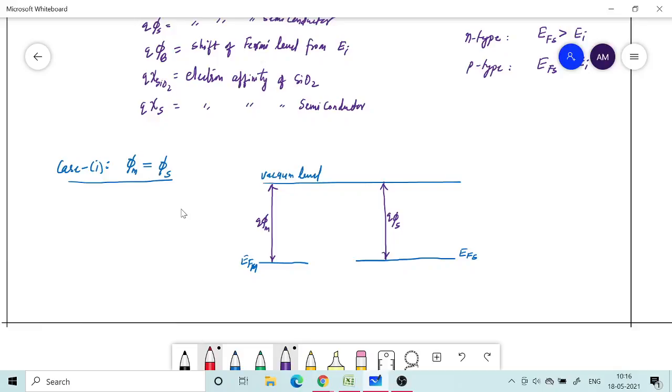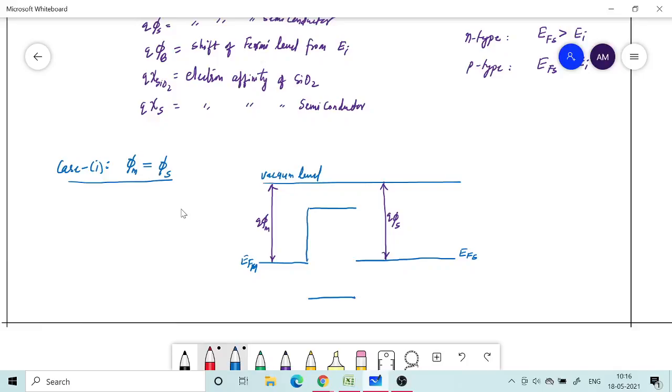So they are the same. That's the condition or the case that we are considering. So definitely without any confusion you can draw them like this, and in between we are drawing the insulator conduction band and valence band.